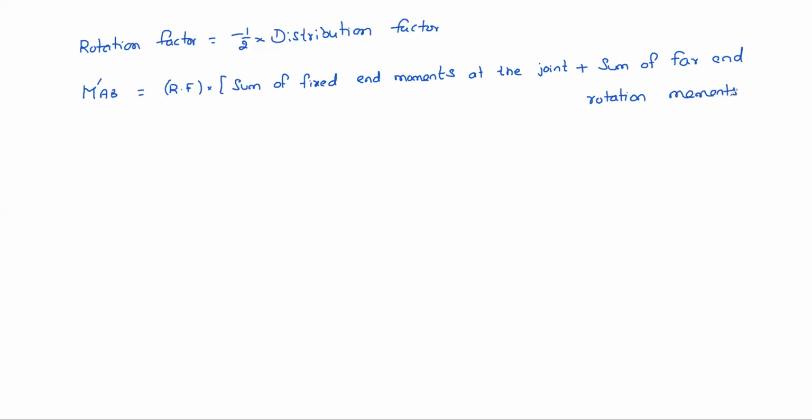So this is the equation, okay? M dash AB is equal to rotation factor multiplied by sum of fixed moments at the joint plus sum of foreign rotation moments.